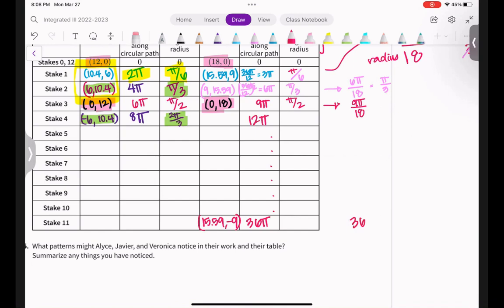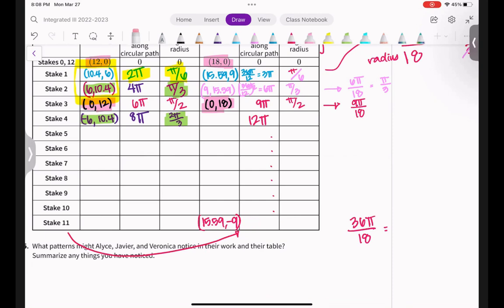And then you would do it, right? You would go 36 pi divided by 18. And you're like, how do I simplify that? Well, both of them have sixes. Wait, did I put 36 pi? Let's see. I think I counted wrong. I think it should have been 33. Hold on. 3, 6, 9, 12. Yeah, because it has to be 33. That's 33 pi.